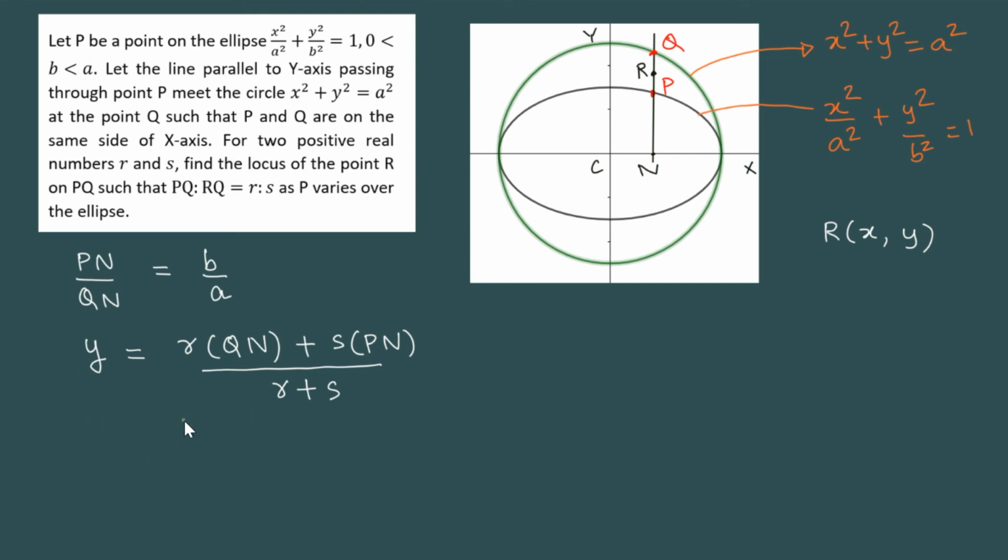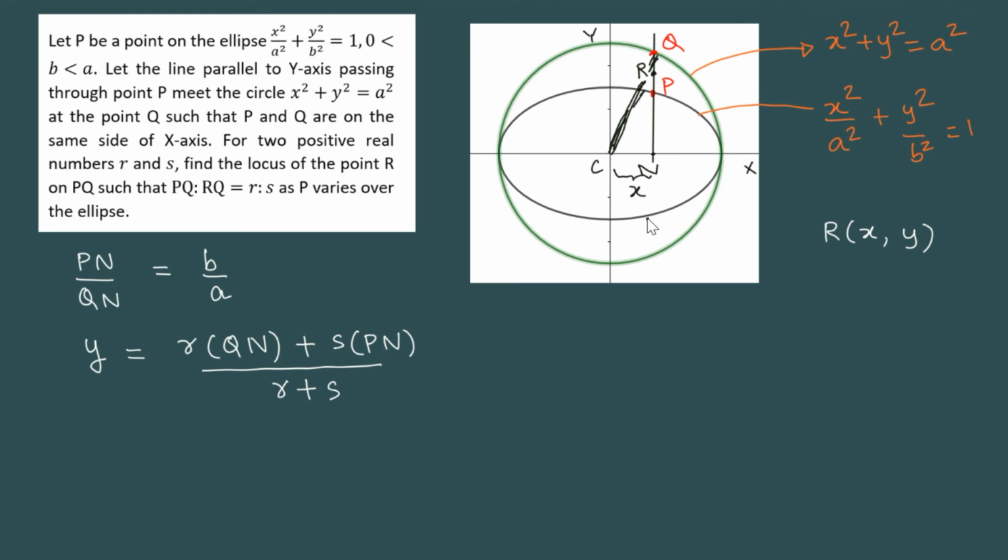Now what else can I observe here? If I join C and Q, CQ is the radius, and this is x.